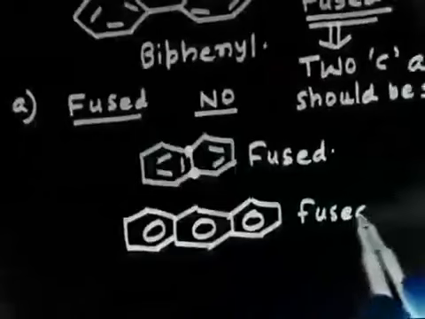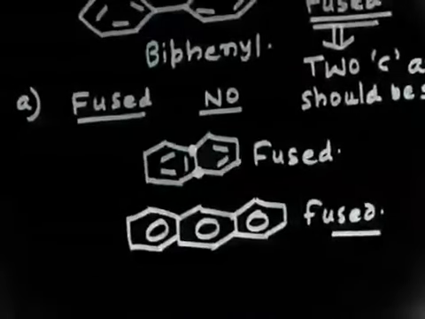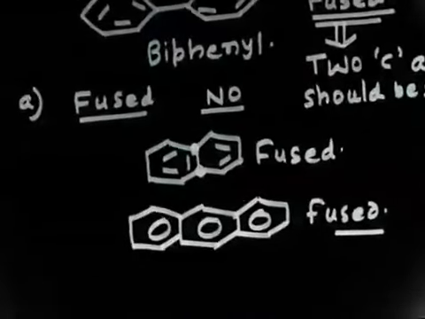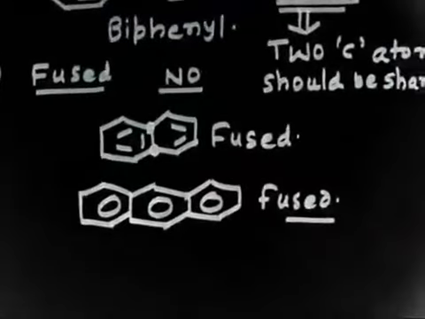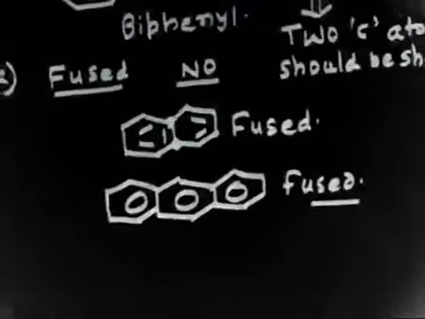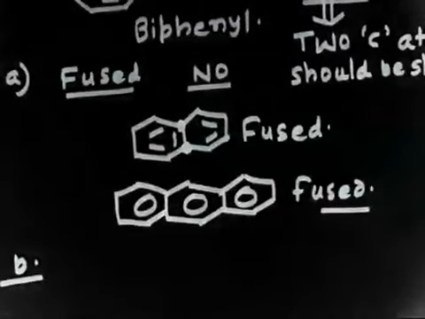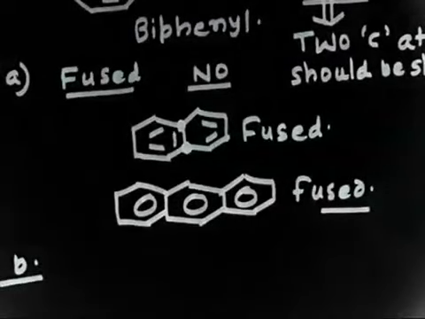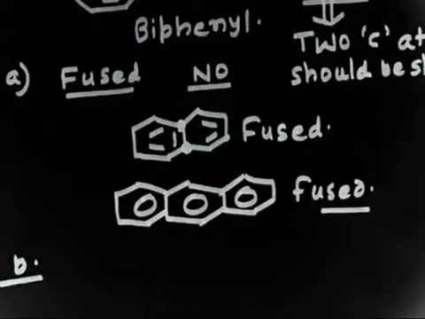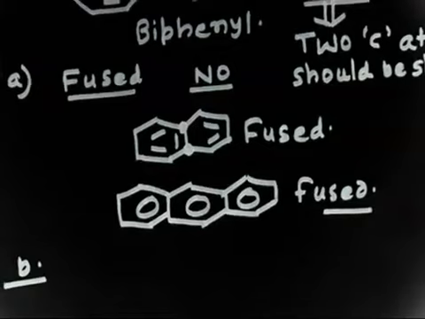Are you getting? Let us discuss the B part of the question. The B part says, how many pi electrons are there in the two aromatic rings of biphenyl? So how many pi electrons do we have in biphenyl?